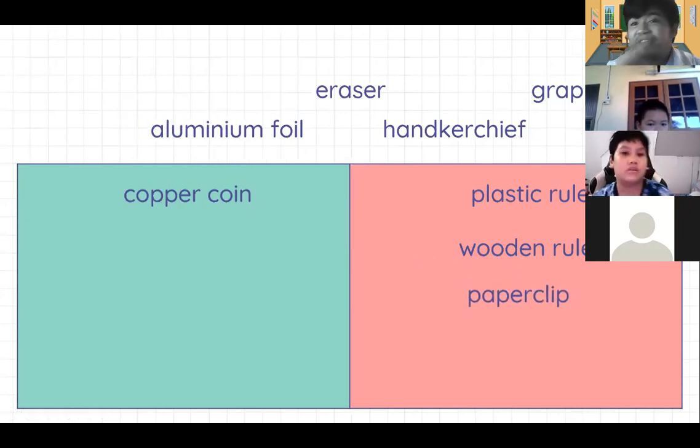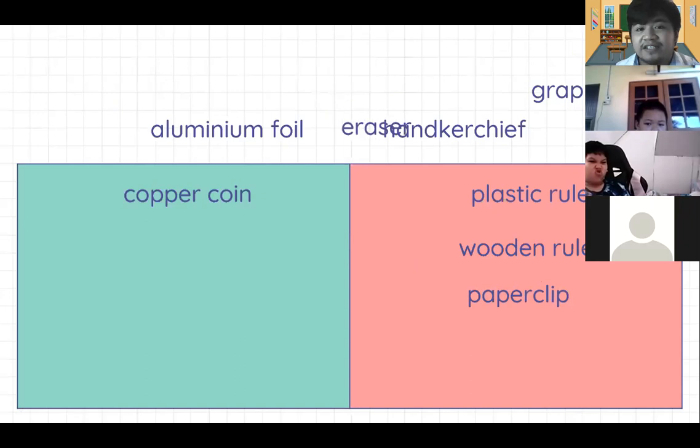But if we remove the vinyl coating and the metal is the only thing that we're going to use, it will be a conductor, okay? Next, eraser or rubber. Green or red? Red. Eraser is an insulator. Very good.